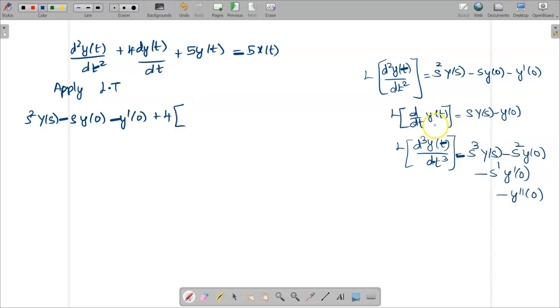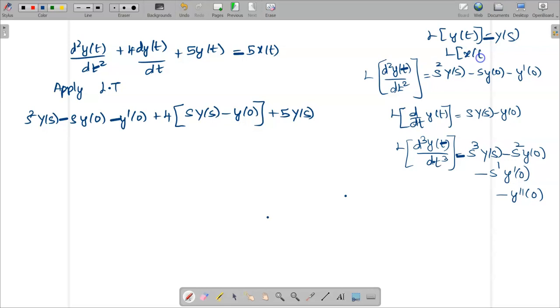So d by dt y of t is s y of s minus y of 0. You have to remember that 4 is common for both the terms, so write properly, plus 5, and for y of t it is just y of s. Laplace of y of t is just y of s, and the Laplace of x of t is just x of s, equal to 5 into x of s.